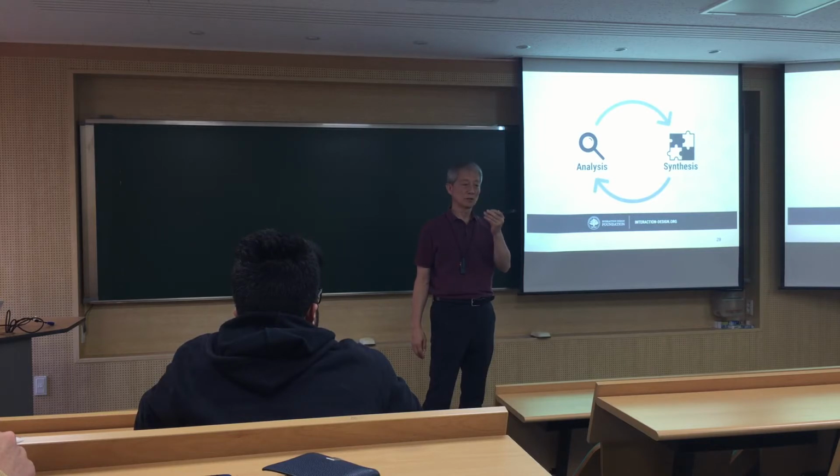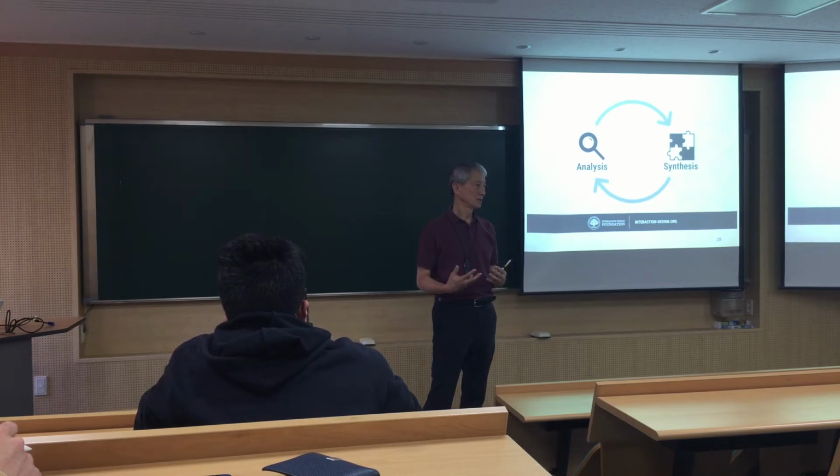So the model is given, the design is given, then I can do analysis. But to design this one at the beginning, we need some performance data. So they need each other. So it should be iteration, because it's something like a chicken and egg game.